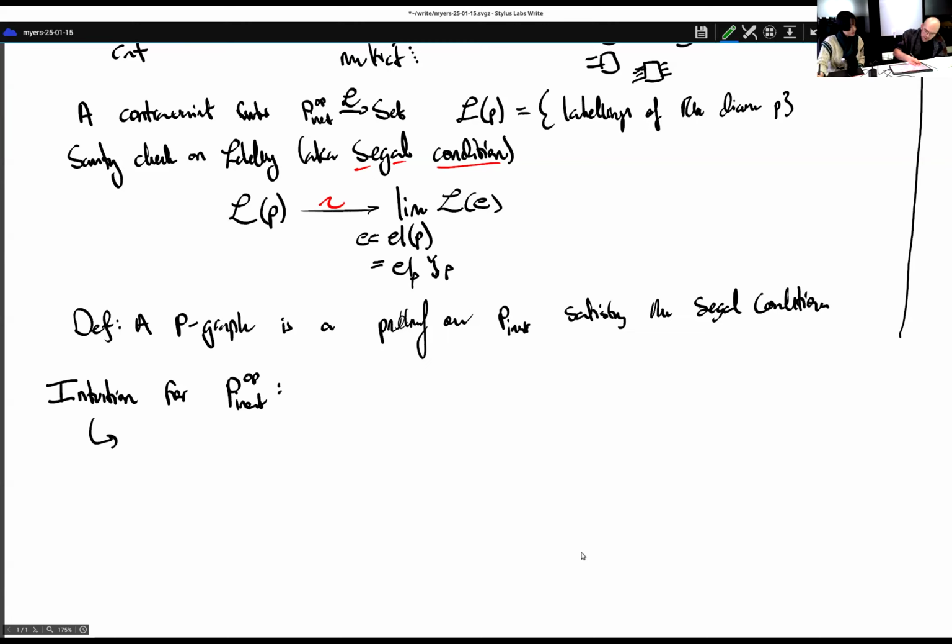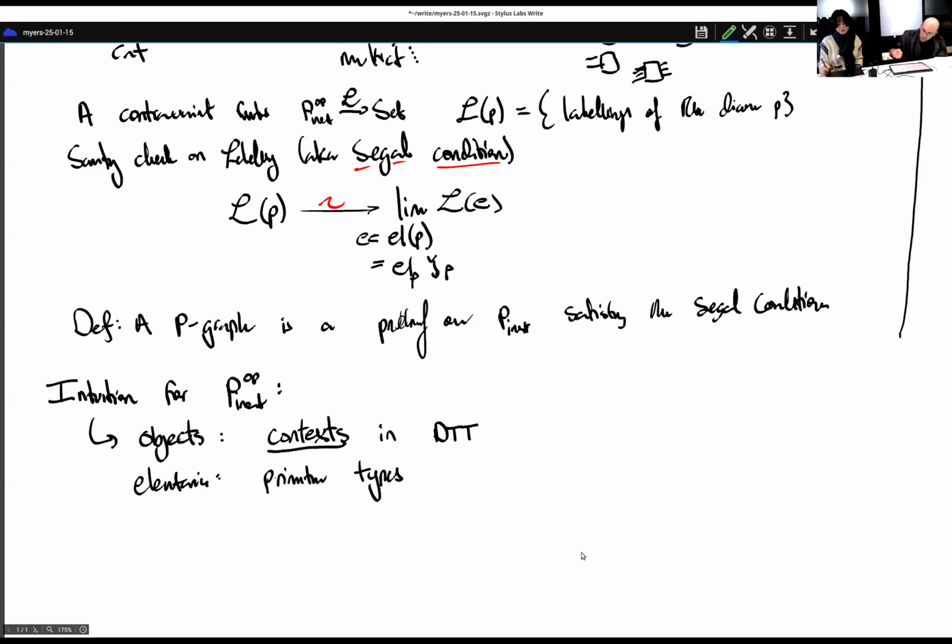Now we'll say that the objects are contexts in a dependent type theory, where the elementaries are primitive types. E.g., the primitive types we have in the theory of categories are object and morphism.